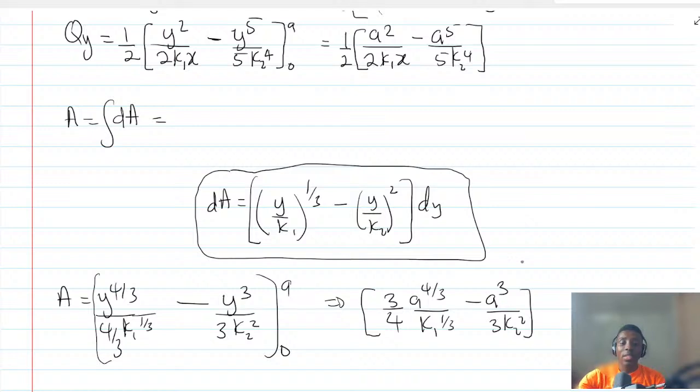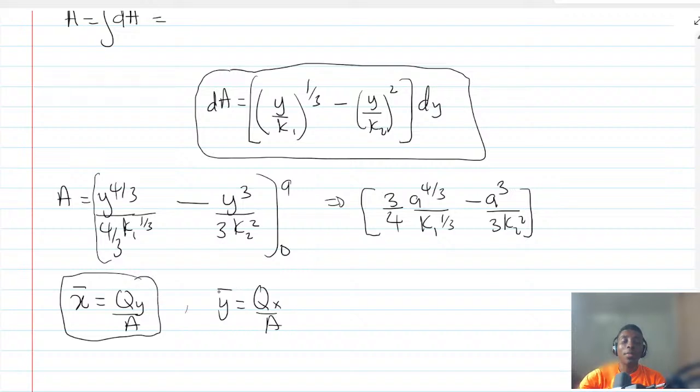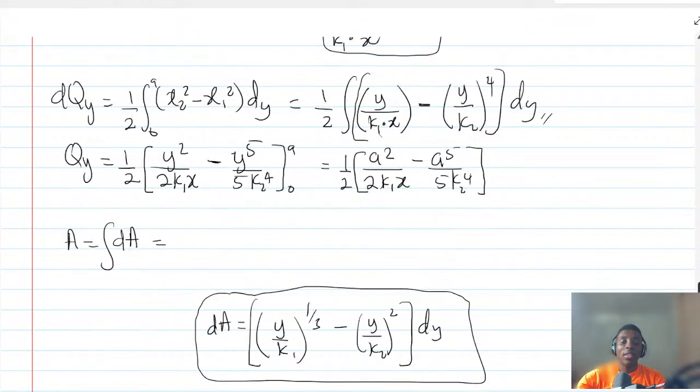So in fact, this is the area. If you want to get x bar, it will be Qy divided by the area, and then the y bar will be Qx divided by the area. So you have to take your time and put ky here. So this is the ky.